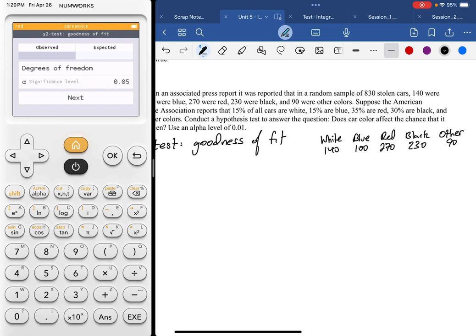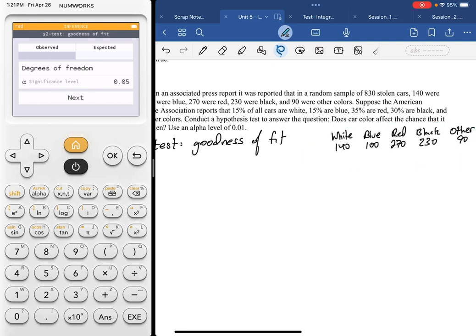All right, so like I said, I'll make a little table out of this. The first group here we're going to call the observed, and the second group is going to be the expected. We don't have any information for the second one numerically yet, but we will in a second.